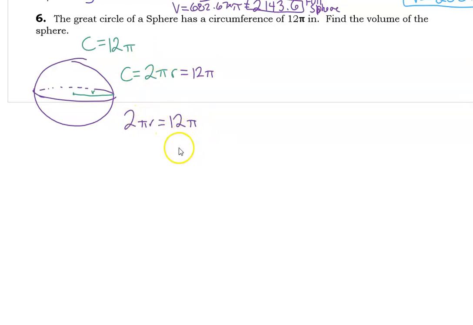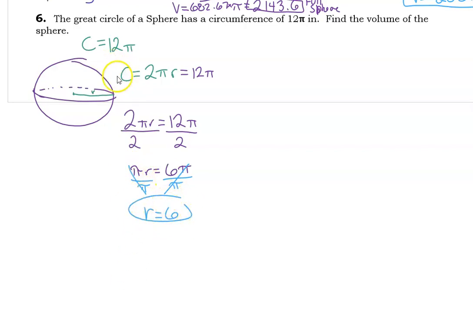Both of those circumference equations are equal to each other. I'm going to divide by 2 on both sides first, and I get pi r is equal to 6 pi. And I'm still trying to get that r alone, so I'm going to divide by pi on both sides to get that r all by itself. And I get r is equal to 6 because those pi's cross out.